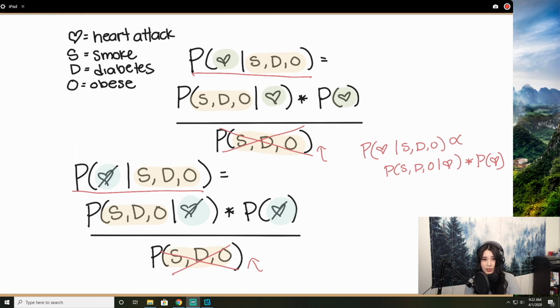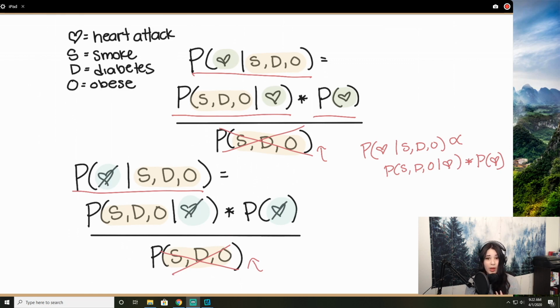So just as a reminder, we can calculate these two portions from our data set. For instance, if we want to calculate the probability of someone being a smoker, diabetic, and obese, given that they had a heart attack, all we have to do is look at our data set, look at all the people who had heart attacks, and calculate the proportion that were smokers, were diabetic, or were obese.